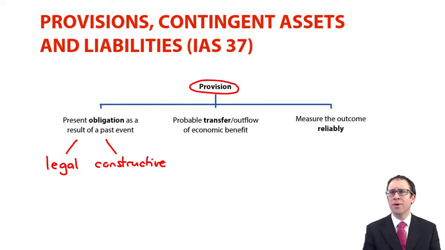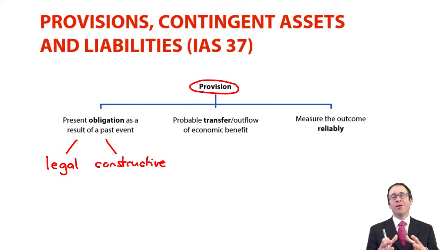Similarly, some businesses will go through there and offer refunds on goods that have been sold. Again, there's nothing legal there in terms of the goods coming back to you, but maybe your past practice is that you will take those goods back regardless of whether or not there is a receipt with the goods that you bring back.